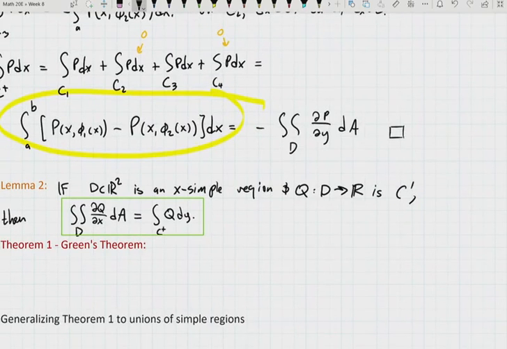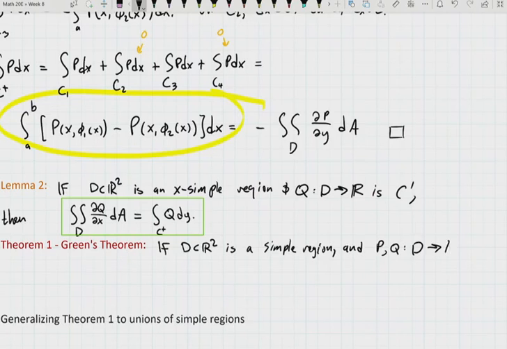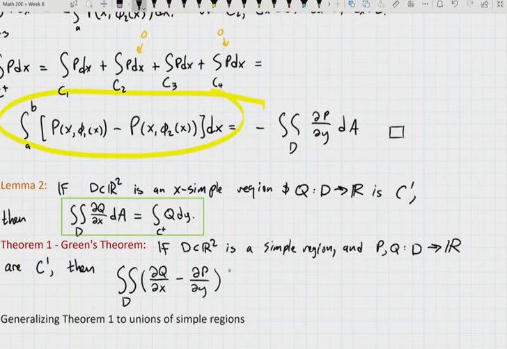So combining lemma 1 and lemma 2, we have that if D in R2 is a simple region, and P and Q are both C1 functions on D, then the double integral of dq dx minus dp dy is equal to the line integral of p dx plus q dy.